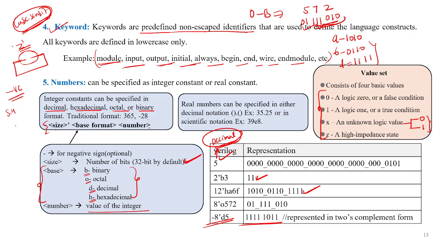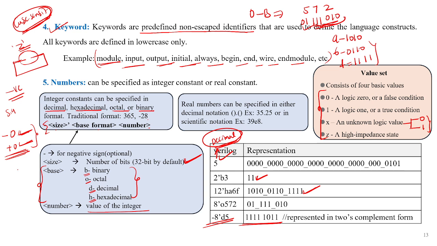In sign magnitude and one's complement, for minus 0 and plus 0, two representations are there. That means if you want to store a 0 value, the compiler will not understand whether to store minus 0 or plus 0.